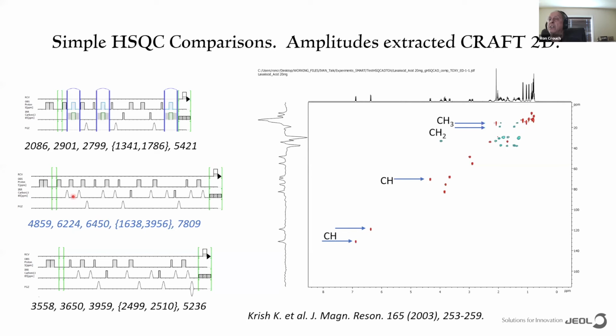The difference is these are paired adiabatic sweeps so that both the INEPT transfers and the refocusing for the multiplicity editing, these sweeps are timed so that the refocusing is going to occur at the likely true value of the carbon proton coupling constant. This is the crisis condition, and this was published long ago by Krish and these guys.